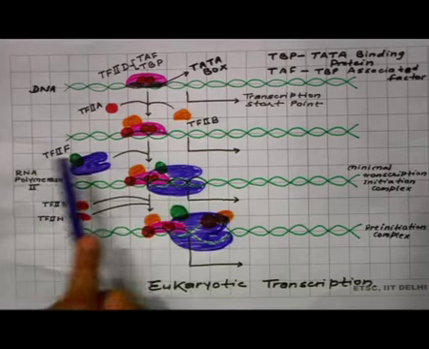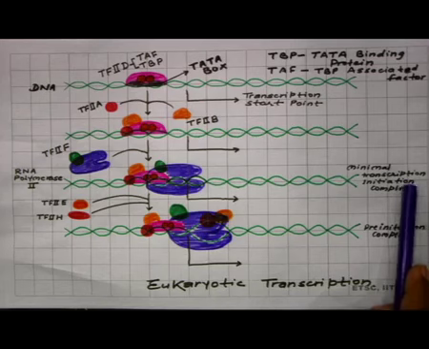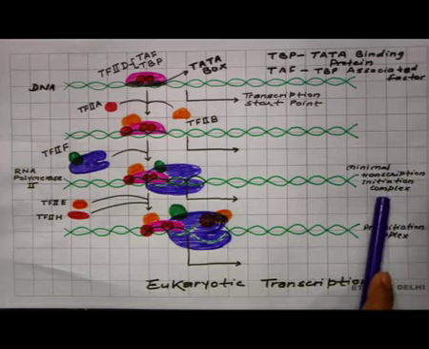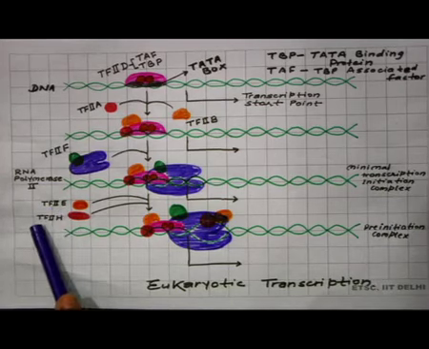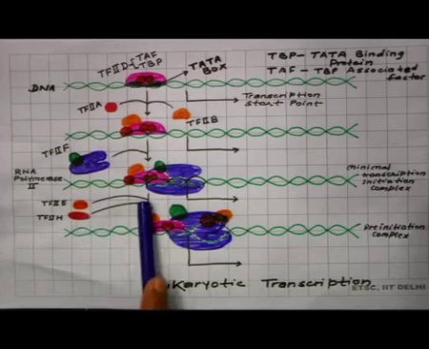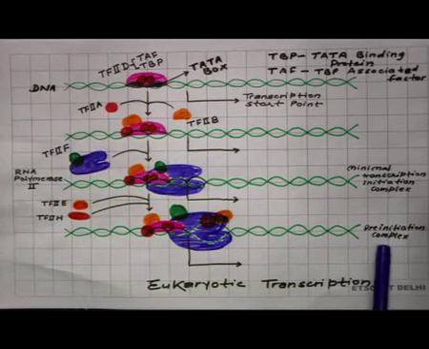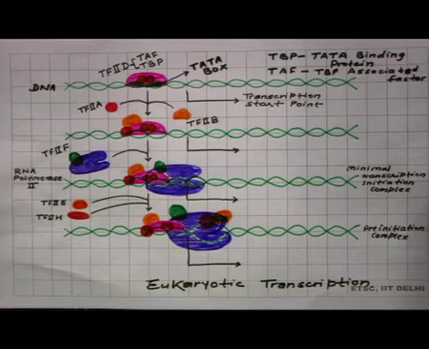When these two bind over the complex, they form the minimal transcription initiation complex, and after this, transcription factor 2E and transcription factor 2H will bind over the complex and form the pre-initiation complex. Now, from here the transcription will begin, and the elongation is somewhat similar to bacterial transcription.